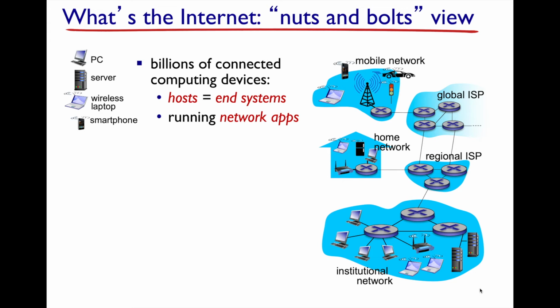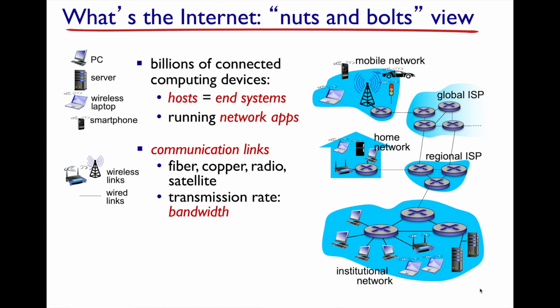So we have these end systems, whether it's a server instance in a data center or a tablet or smartphone in your hand, and they're running network applications, right? Later, when we talk about the application layer, we'll learn what these pieces are called. But for now, we'll just say network application.